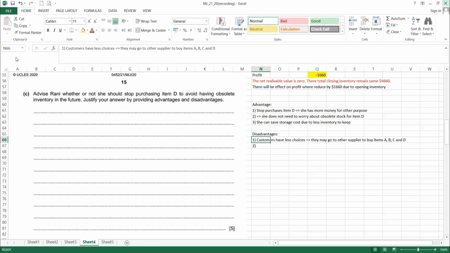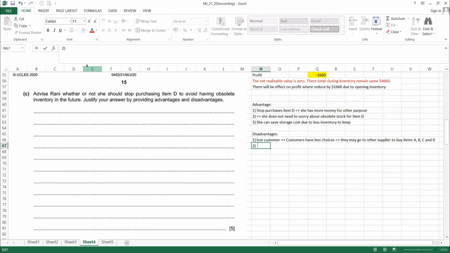So this one actually is lost customer, due to customers going to other places to buy. Okay, let's see how you are going to put it: lost customer, as the customer has less choices. They may go to other suppliers to buy item A, B, C, D.